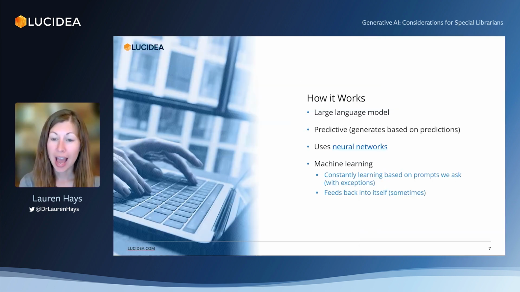So let's look at how generative AI works. First, it is built on a large language model. And what this is is a lot of training data, often text and images and videos that are found on the web, kind of scraped from the web, and put into a model that the generative AI is trained on. And if you use different generative AI tools, Claude, ChatGPT, Gemini, Copilot, you're going to see that the outputs are slightly different.